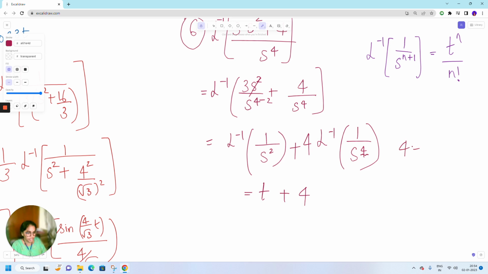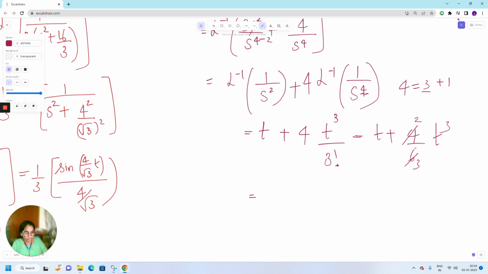So in place of n, I have 3. So I would have to write t cube divided by 3 factorial. Okay, so I would get t plus 4 divided by 6, which is nothing but t plus 2 divided by 3 into t cube.